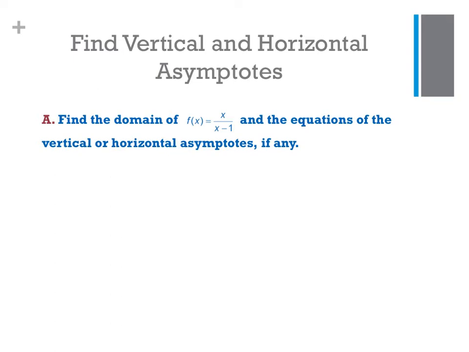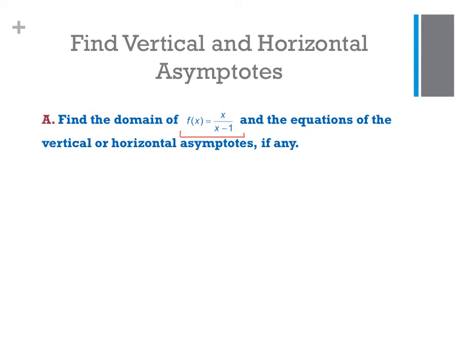Okay, so we're going to find the vertical and horizontal asymptotes of this function. We're going to find the domain of f of x equals x over x minus 1, and the equations of the vertical or horizontal asymptotes, if any. So first of all, we find the domain of this function.